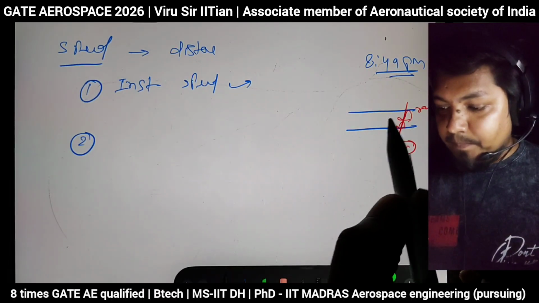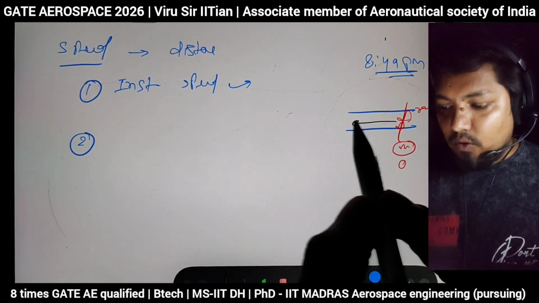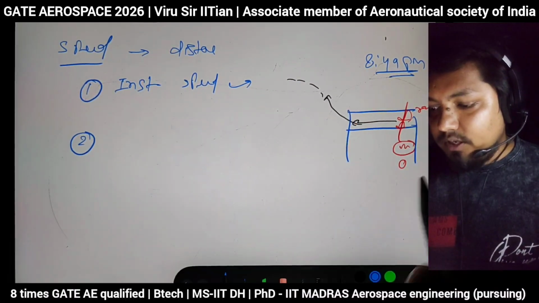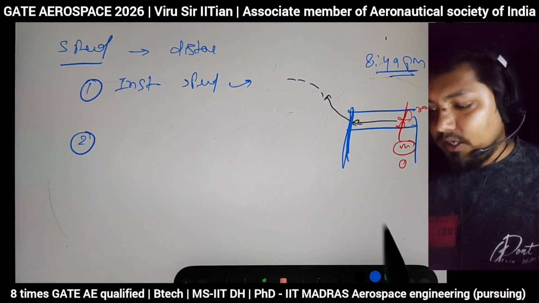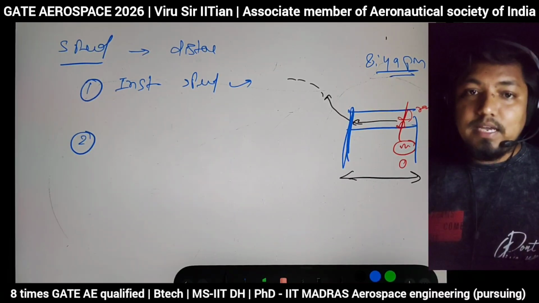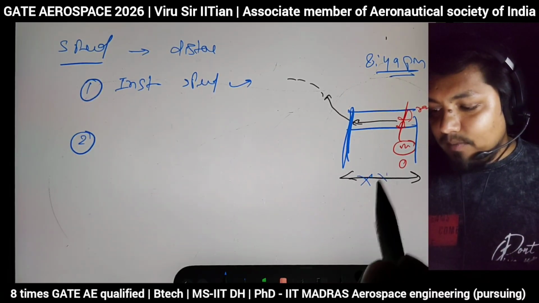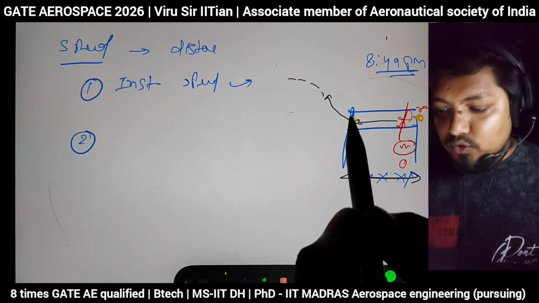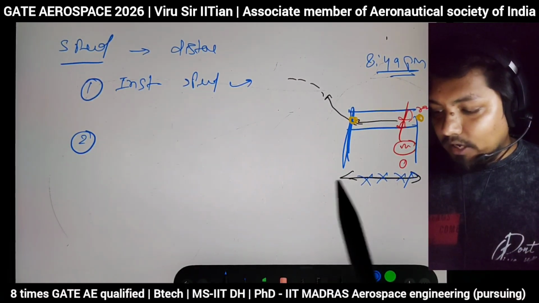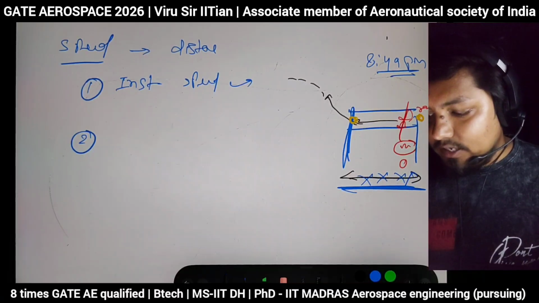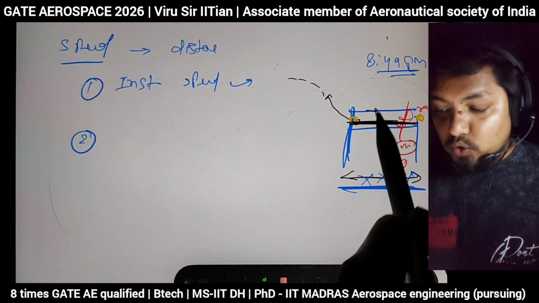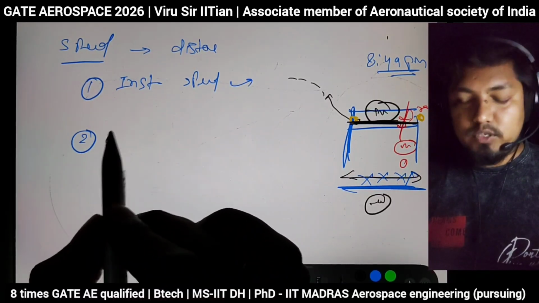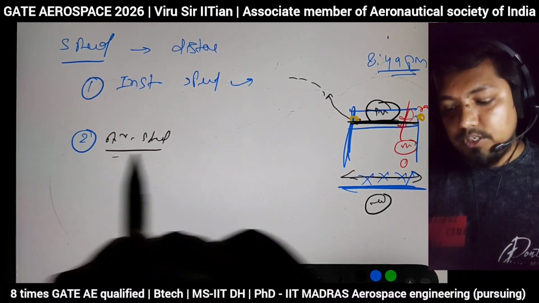Ground roll: this aircraft will reach from here to here, then it will take off. From 0 moment to being airborne, whatever time it has taken and whatever distance it has covered, total distance by total time will give you the second type of speed, that is average speed.